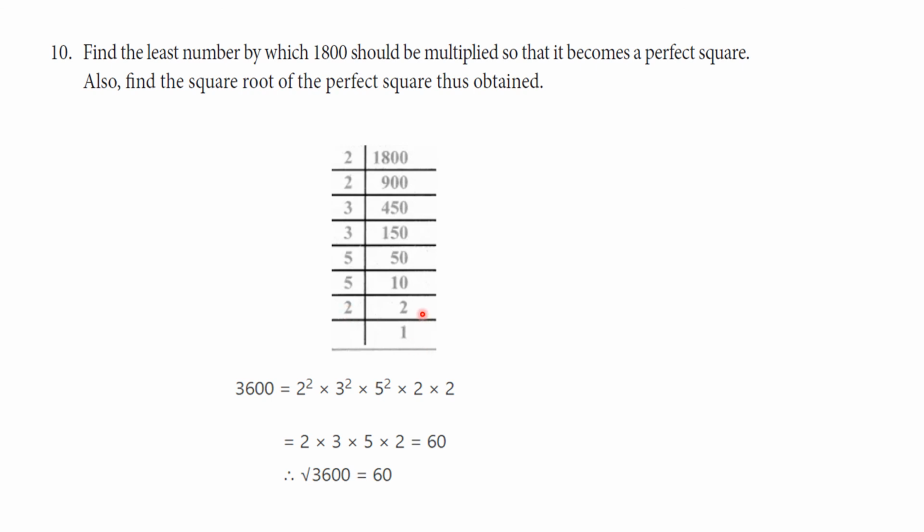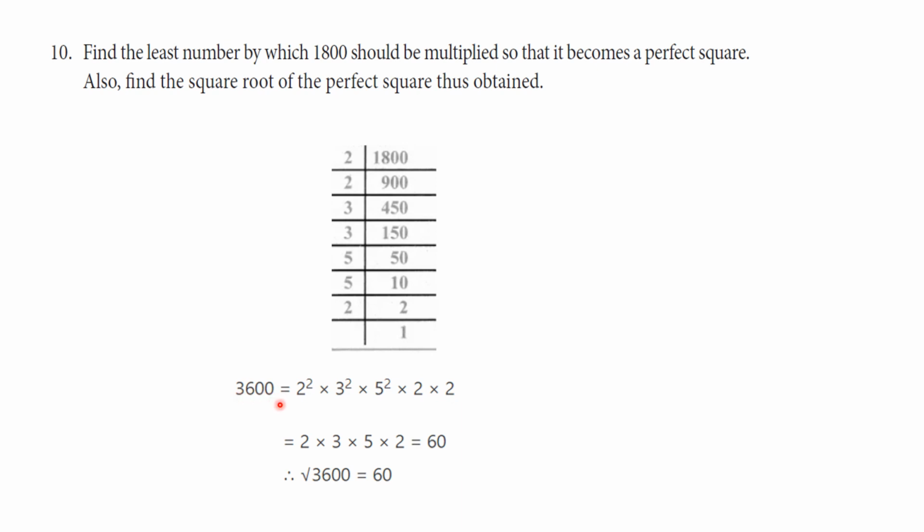So you write it here, pairing: that is 2 squared, 3 squared, 5 squared, and here we are having only one 2. If you multiply by some number to get a perfect square, you multiply by 2. So 2 is the number. So if you multiply, you get the square 3600.